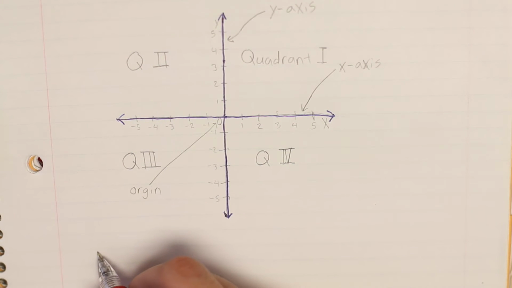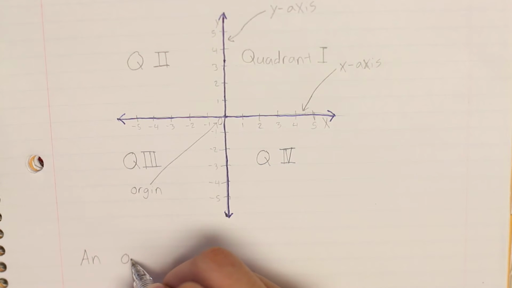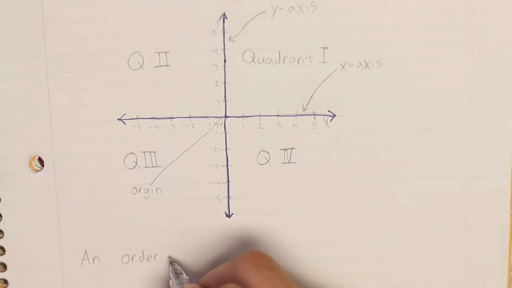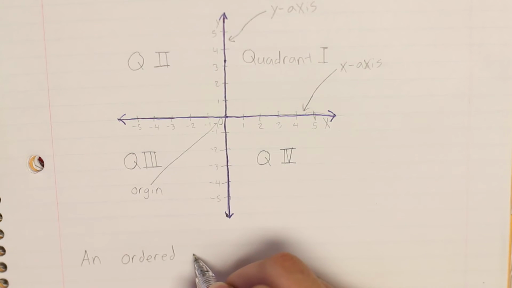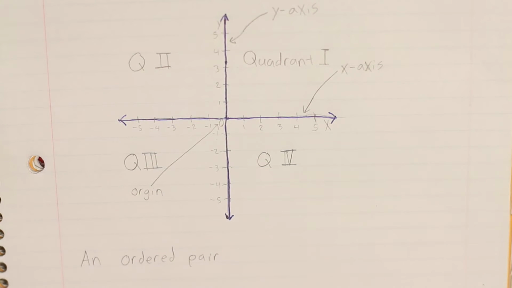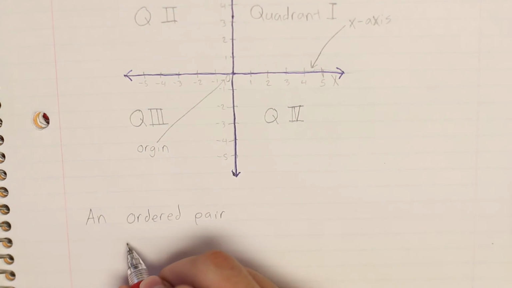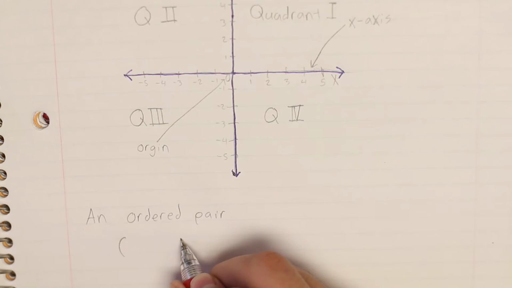Something else you need to know is something called an ordered pair. An ordered pair is going to be two numbers, okay? An ordered pair is two numbers, and they look a lot like this.